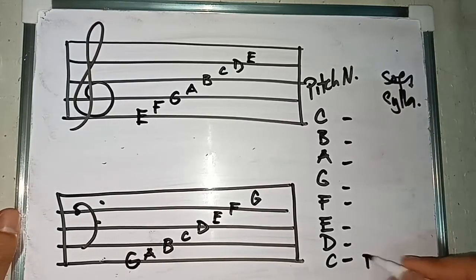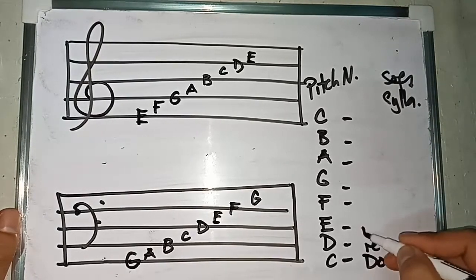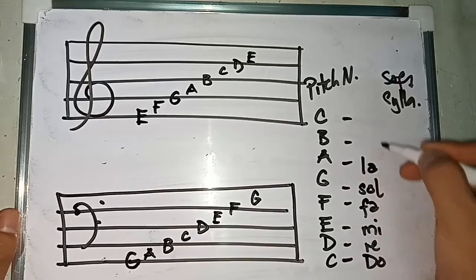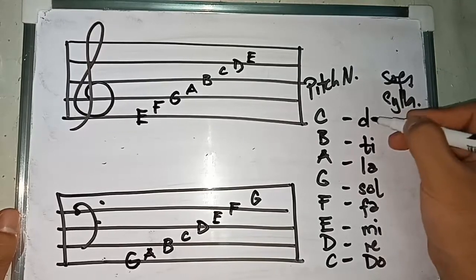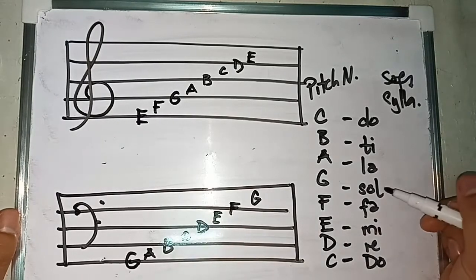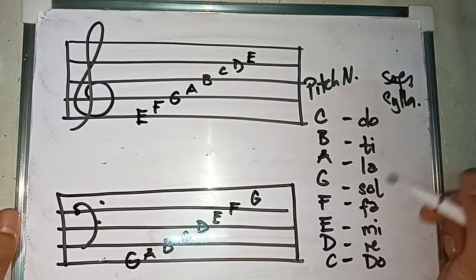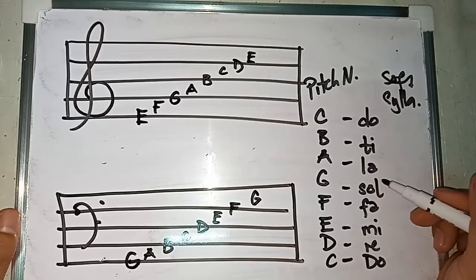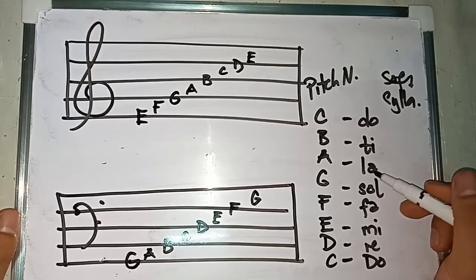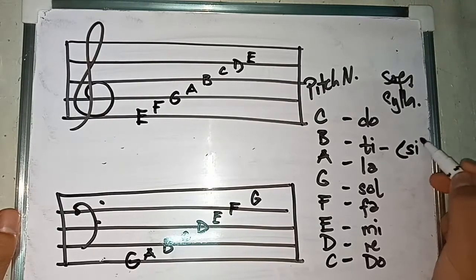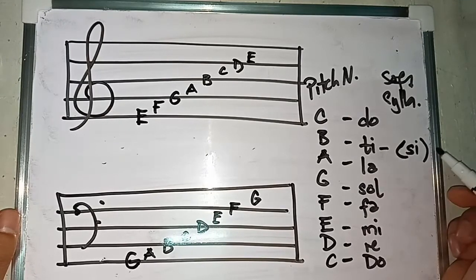So for C, we have do, re, mi, fa, sol, la, si, do. For the sol note, you add an L if you are going to sing or recite it in an increasing way, as preparation for the la. As for this last one, it is pronounced as si, but spelled as TI.